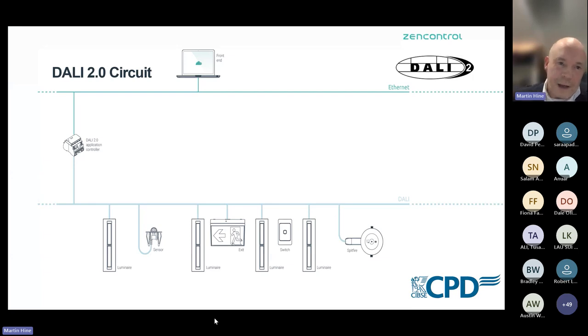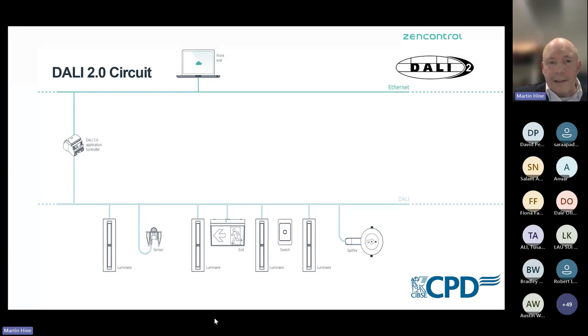From the application controller, the DALI 2 is connected directly onto the backbone of the building via an Ethernet connection. This Ethernet connection connects to, say, the converged network of the building, and then allows all the data from the application controller to be presented within the lighting controls head end, whether that be on site or via the cloud in terms of a GUI.